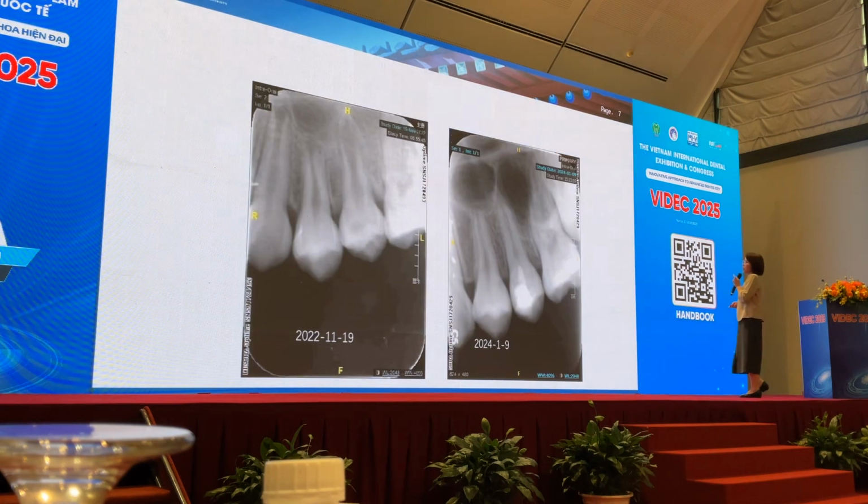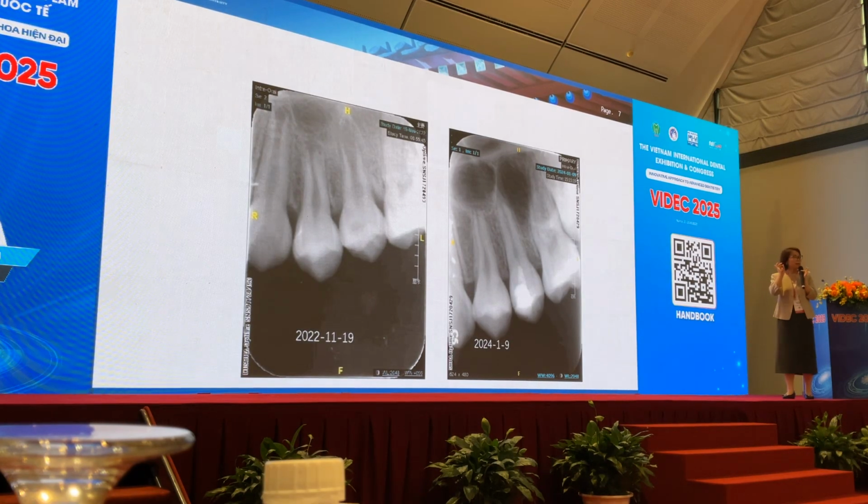Then just follow up. In the next, let me say, 14 months, the tooth is asymptomatic, and the X-ray showed the root continued to develop, right?